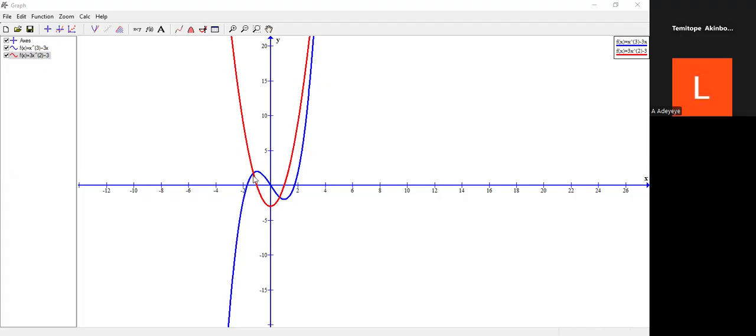So where the red line crosses the x-axis, that's -1 and 1. Is that clear? Yes, sir. All right. So let's go back to our board.